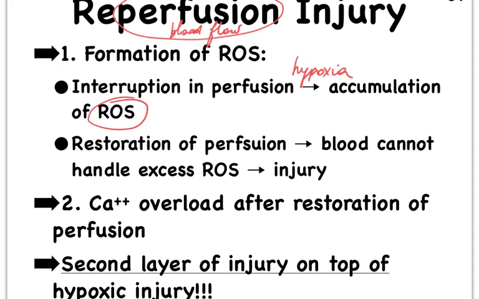There are now so many ROS accumulated that the blood can't deal with it and remove them all, and we're starting to see tissue damage. And then on top of all that, this leads to a calcium overload after perfusion has been restored. And so we're seeing multiple forms of injury on top of hypoxic injury, which we collectively refer to as reperfusion injury.